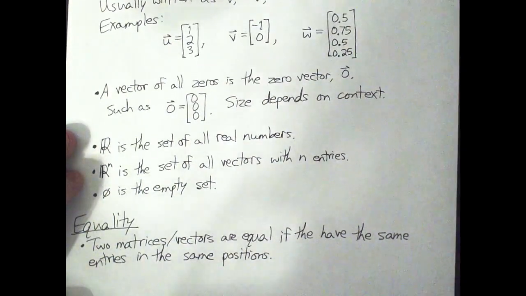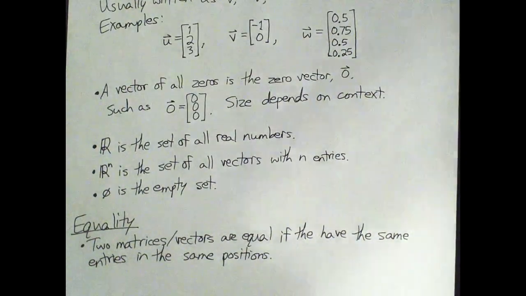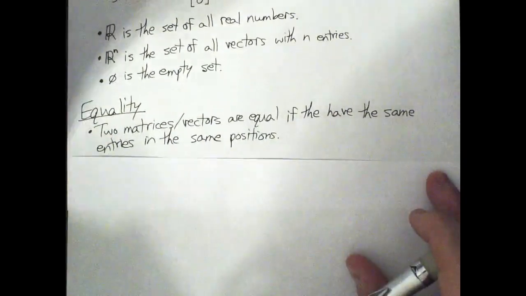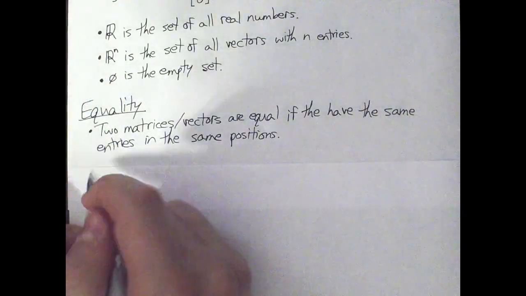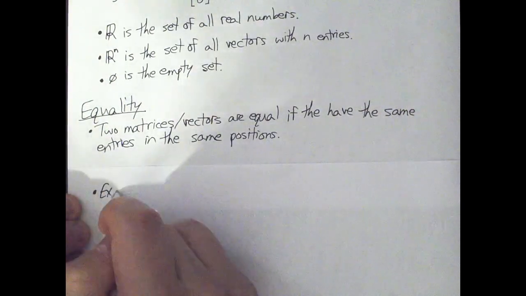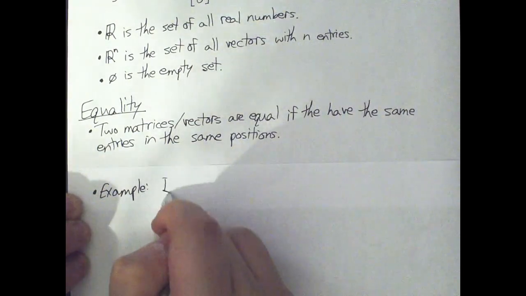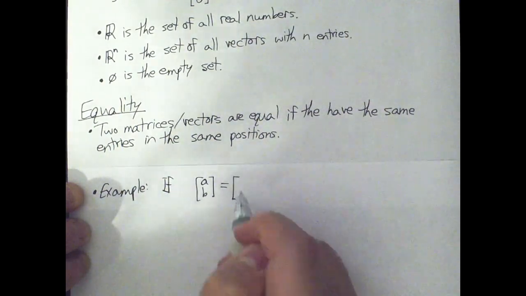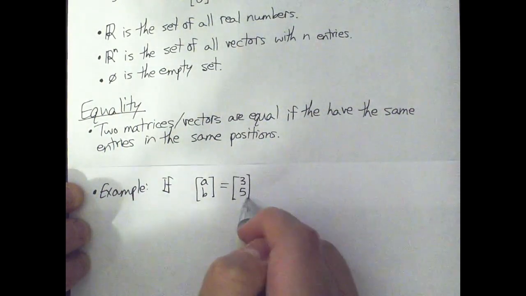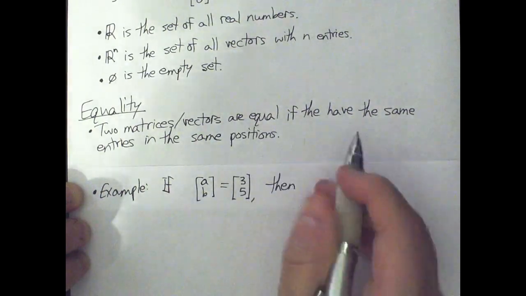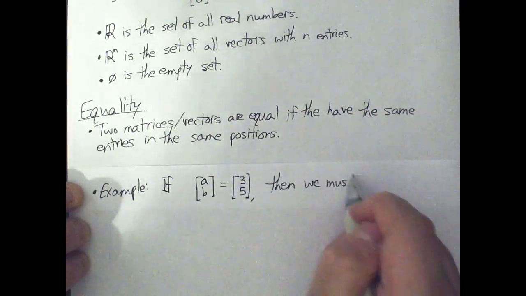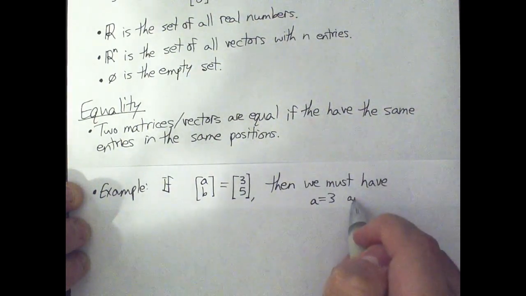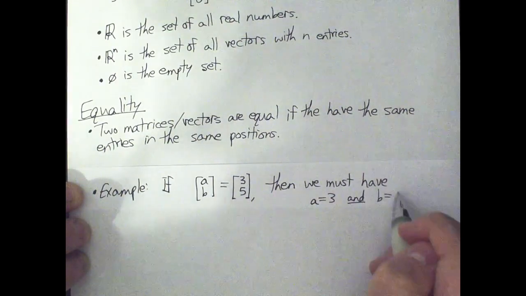So I'll show some examples of this. Example, if this vector equals this vector, then we must have a equals 3 and b equals 5.